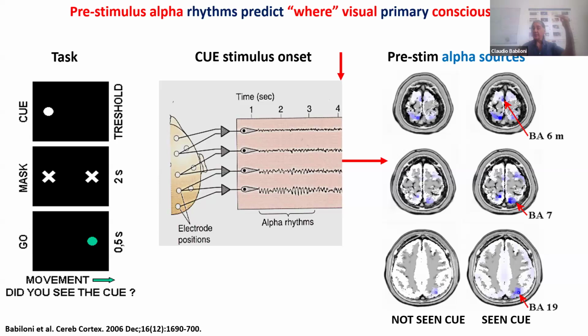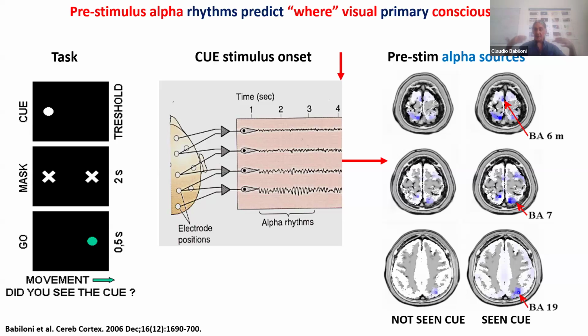The epochs in which he was able to recognize the side of the cue stimulus, primary visual consciousness of the side, and the subset of epochs in which he was not able to detect the side of the stimulus.